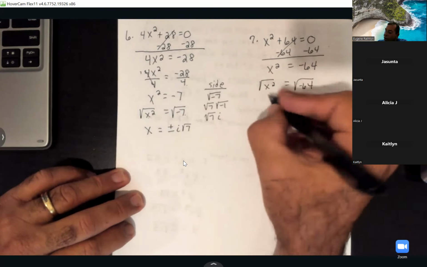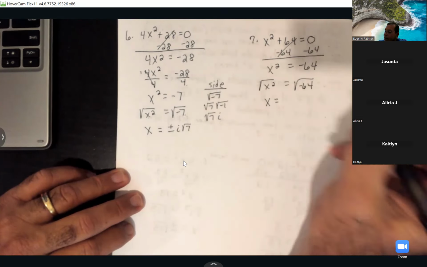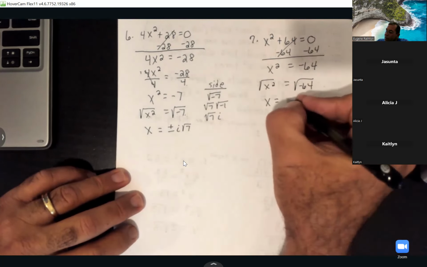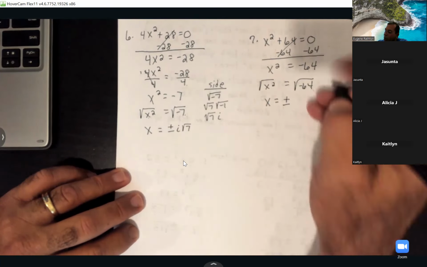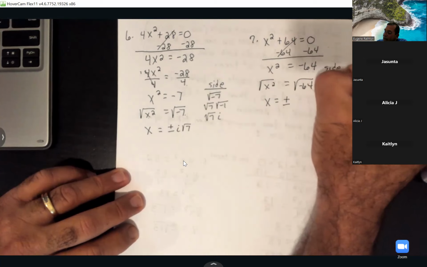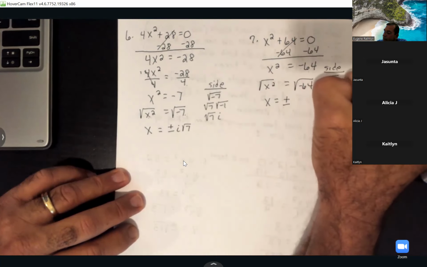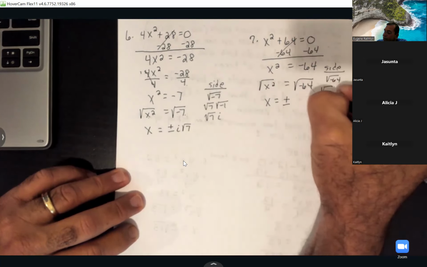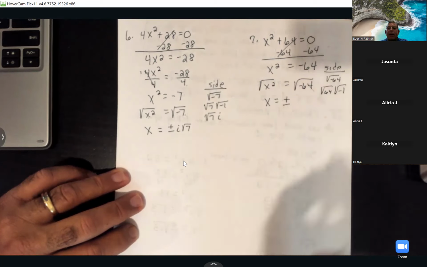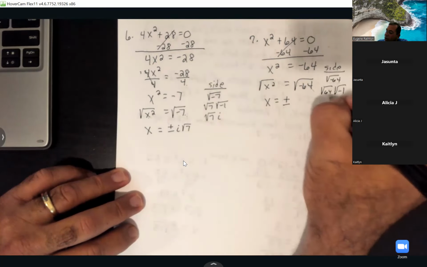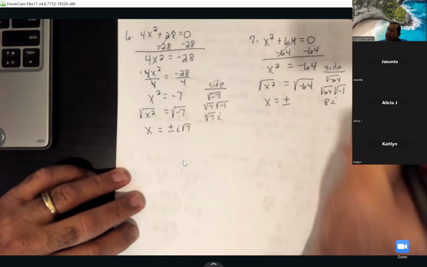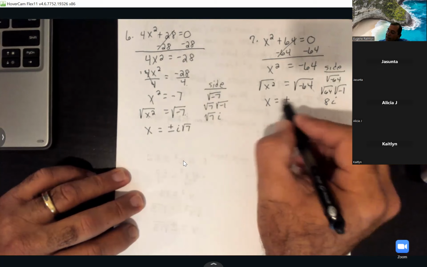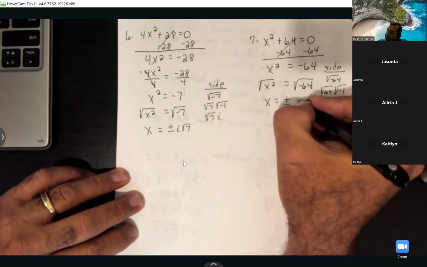So the square root of x squared is an x. This is going to be a plus or minus. So y'all, the square root of 64, if you do that on the side, I would make that a 64 and a negative 1. Well, the square root of 64 is 8. Square root of negative 1, I replace with the i. So this answer will be a plus or minus 8i.